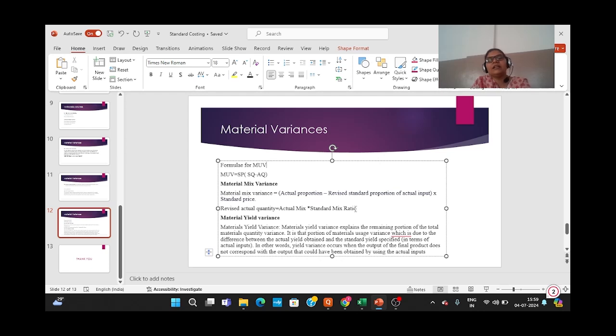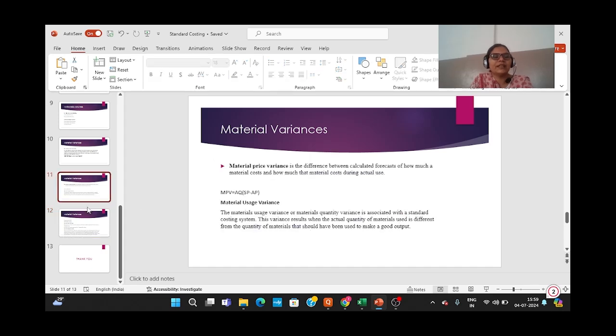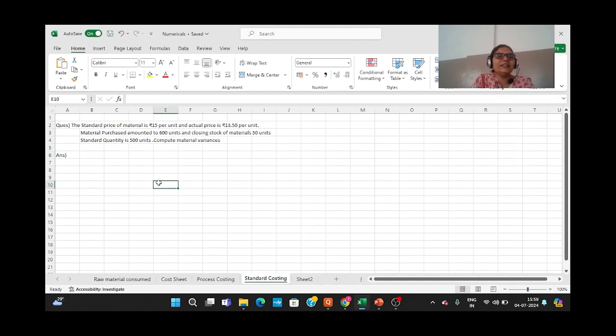In other words, yield variance occurs when the output of the final product does not correspond with the output that could have been obtained by using the actual inputs. So these are the theoretical aspects we have gone through in case of variances. We can understand them more clearly with the help of some practical problems.